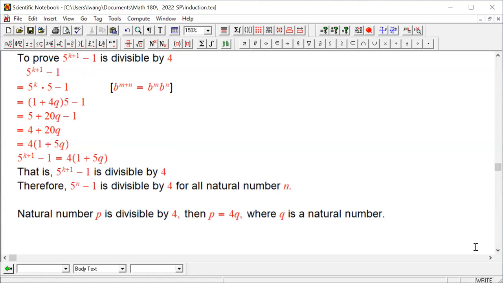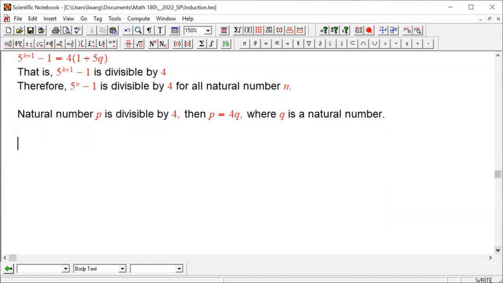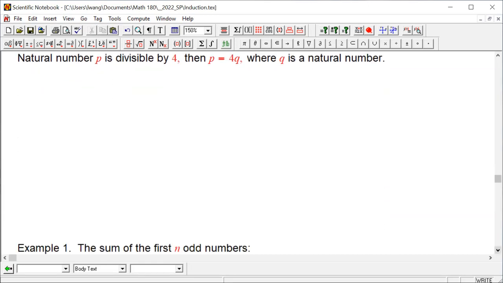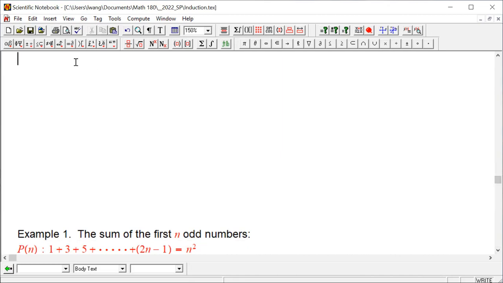So we did number 7. Let's try number 8. Number 8 is saying that specific expression is odd all the time for all natural numbers. We know what odd numbers are, right?